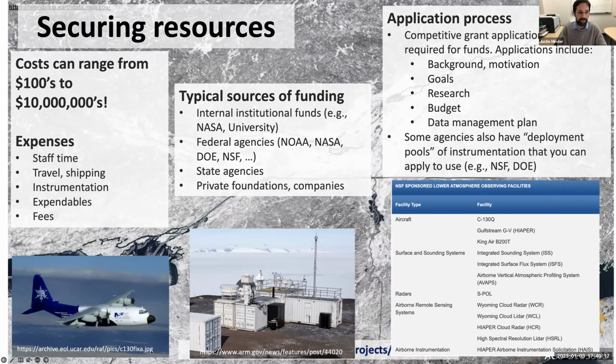Most researchers apply to use community facilities like this to do their research, or the Department of Energy, DOE, has a mobile facility where they can deploy all these radars and different sensors into different parts of the world, and you can apply to use that facility.